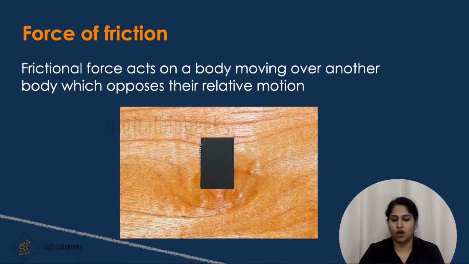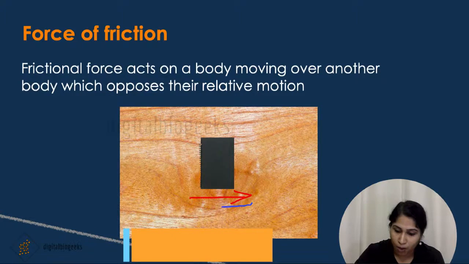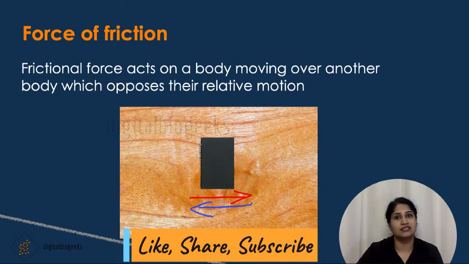Place a book on a smooth tabletop. Then gently push this book to the right. Then the book moves towards right. Then it stops. This is due to the frictional force, and this frictional force acts in the opposite direction of its motion.